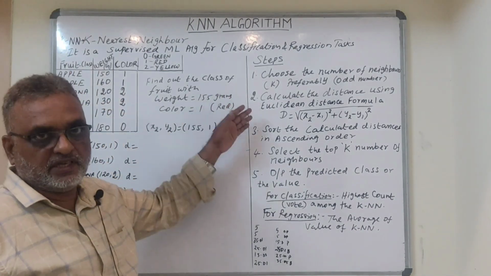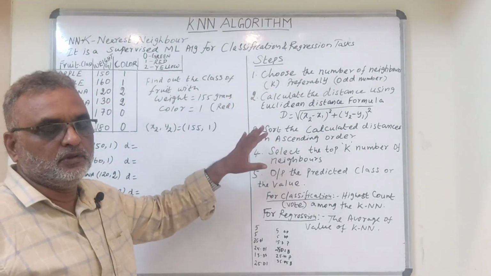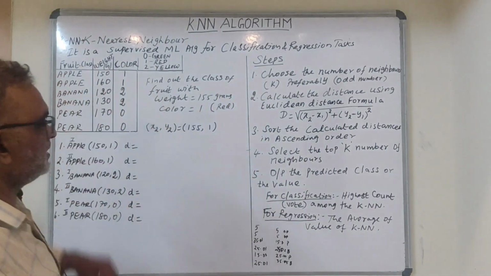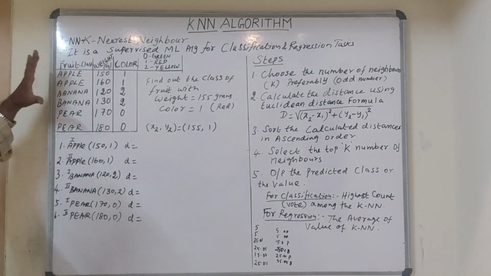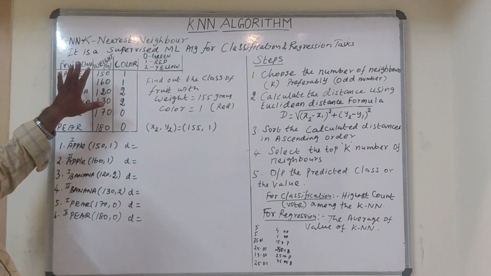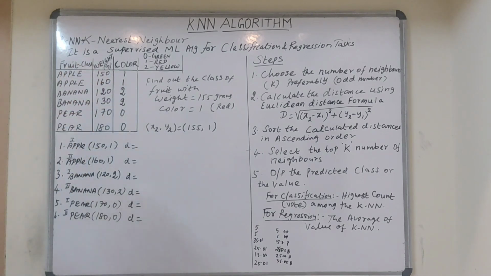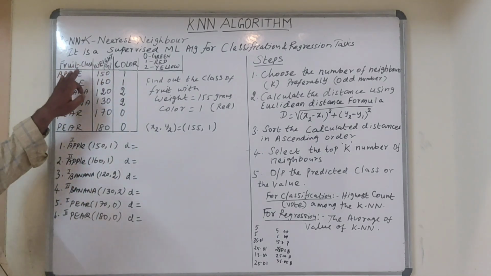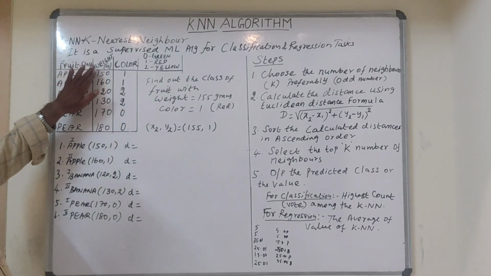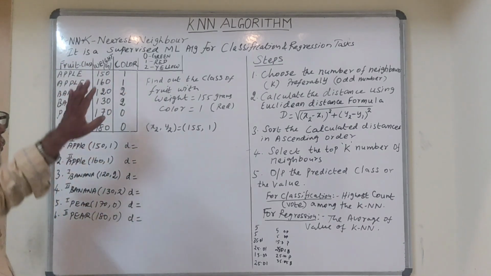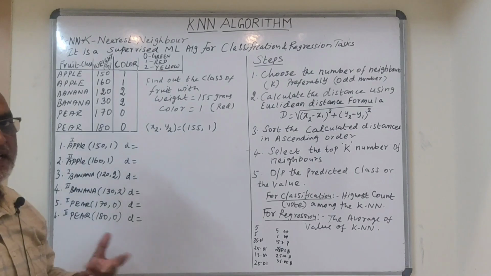Let us see how this algorithm works with the help of this example. Here the fruit classification data is given, which contains 3 columns. One is the class of fruit, the second one is the weight of the fruit, the third one is color.